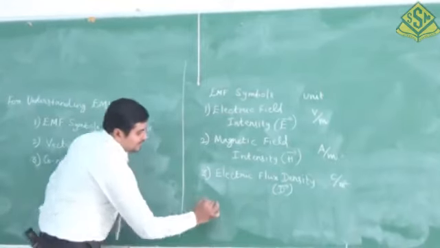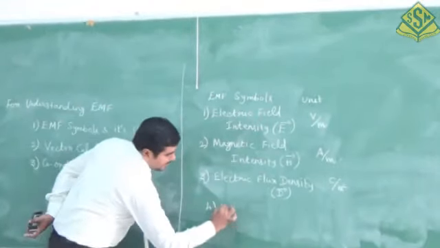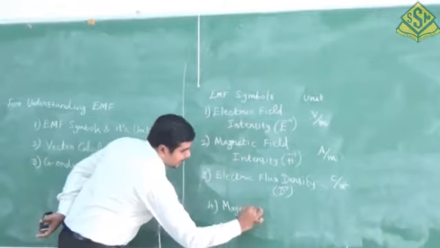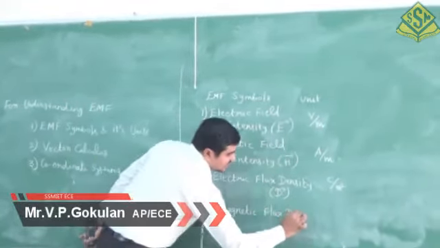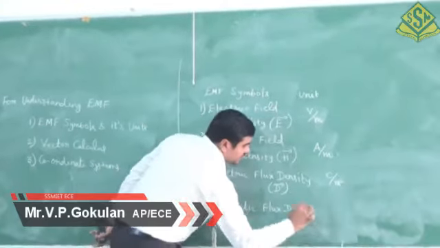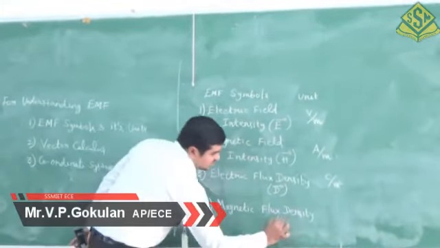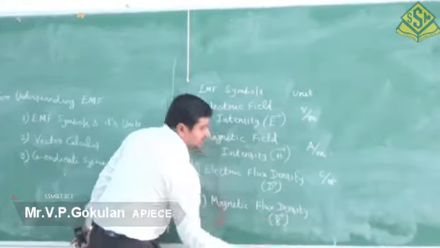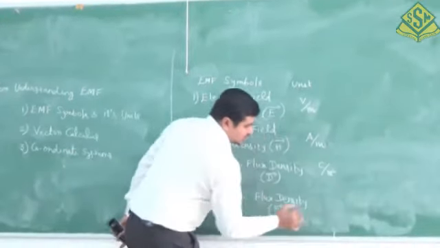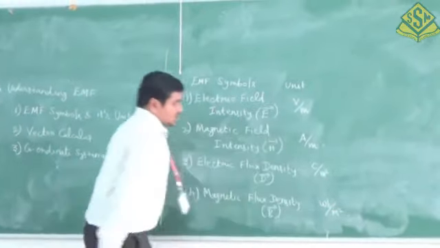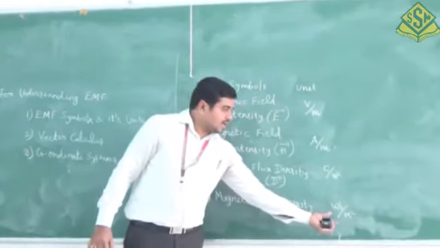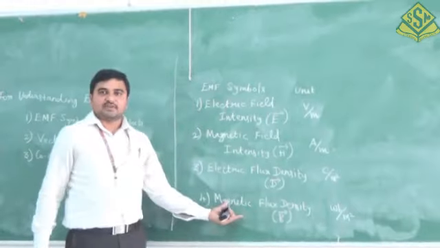Fourth one is magnetic flux density. Magnetic flux density is represented as capital B vector. Its unit is Weber per meter square. So magnetic flux per unit area is called magnetic flux density.